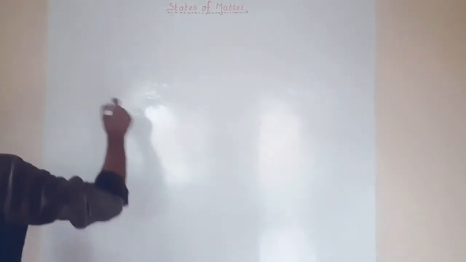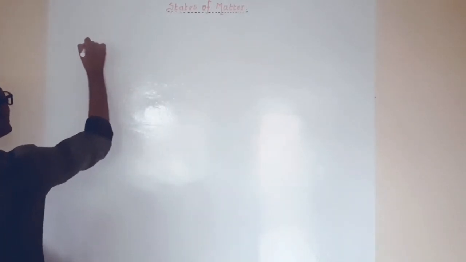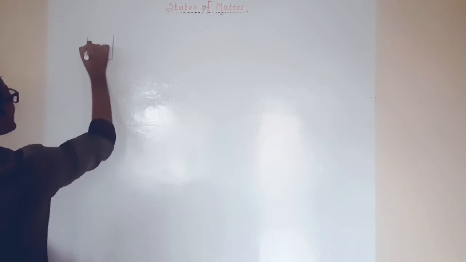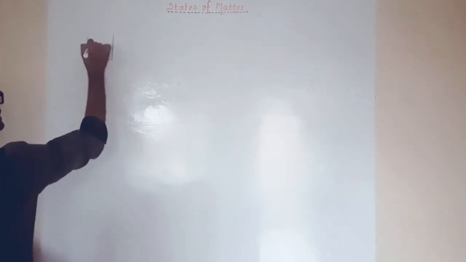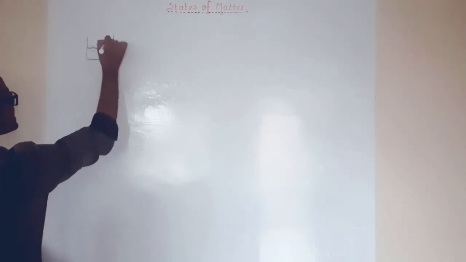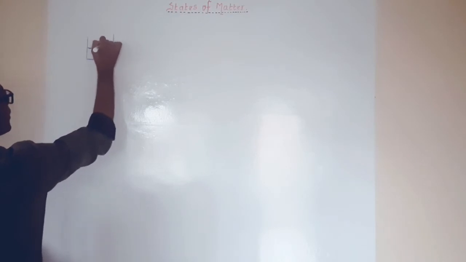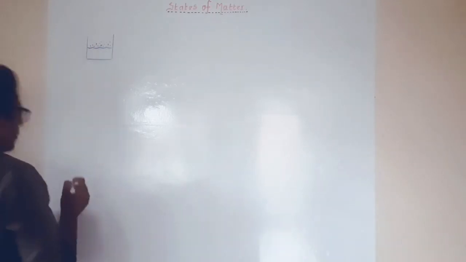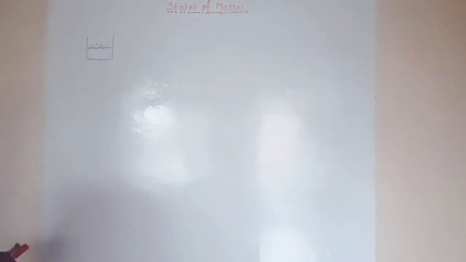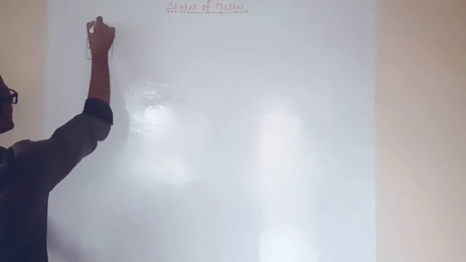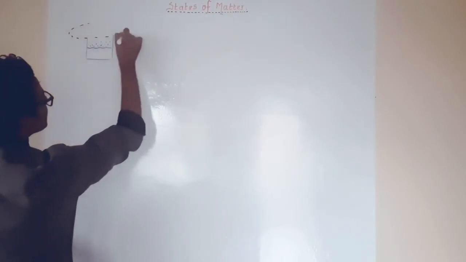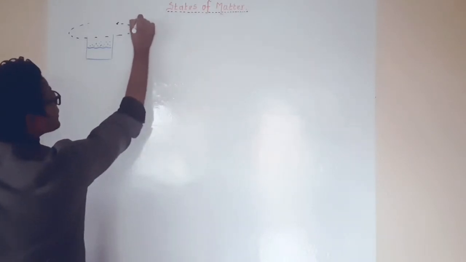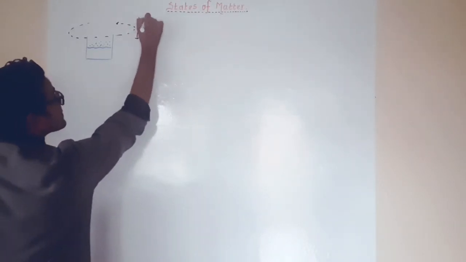Now, let us say that we have a particular container, and in this container we have a liquid. The liquid has its vapors. Let's say these dots represent all the vapors over here. Now, let's say that this entire thing is surrounded, and in the surroundings also, pressure is being generated.